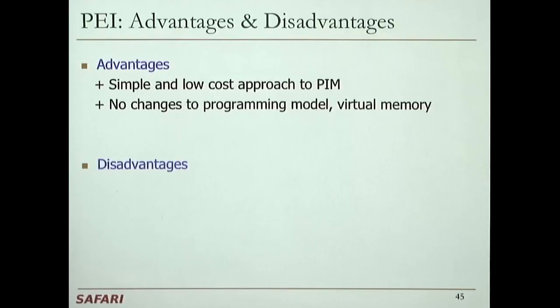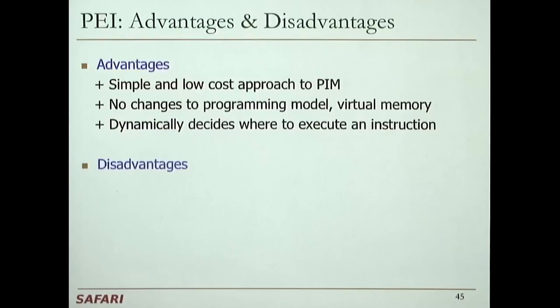But it's simple. And no changes to the programming model and virtual memory. So some compiler can actually translate an application relatively easily, hopefully. But somebody needs to write that compiler. And you can dynamically decide where to execute an instruction. That's an advantage that we didn't have in Tesseract, for example. We offloaded everything to Tesseract. We didn't have the decision of, oh, maybe sometimes you execute something in the CPU.